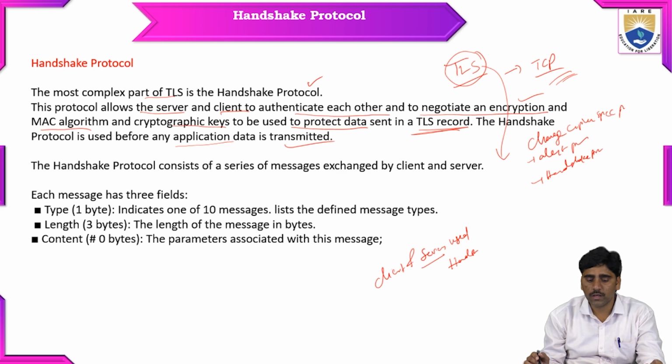So the handshake protocol allows both the client and server to authenticate each other. Then, with the help of encryption and MAC algorithms and cryptographic keys, these three concepts are used to protect the data sent in the TLS record.